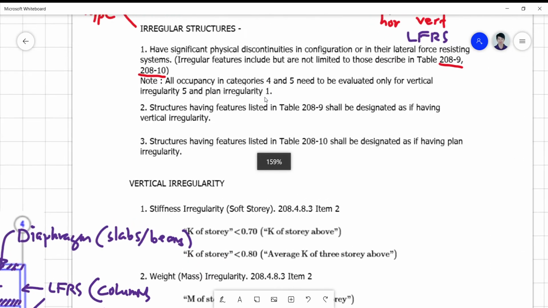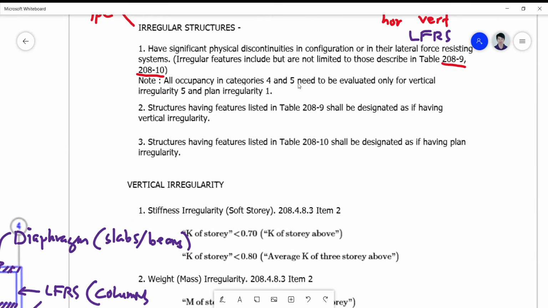So there's a note here that all occupancy in categories 4 and 5 need to be evaluated only for vertical irregularity 5 and plan irregularity 1. Okay? But I forgot to add here that this is only for zone 2 requirement.